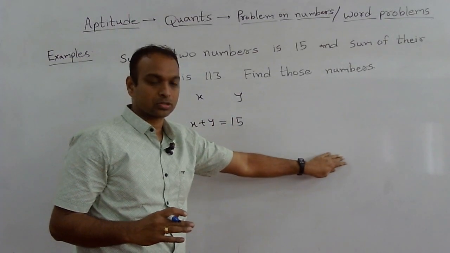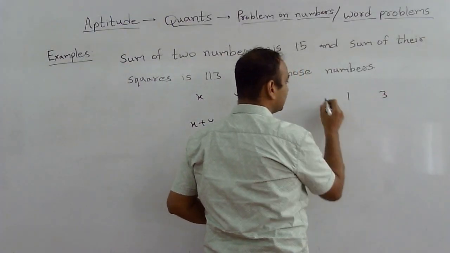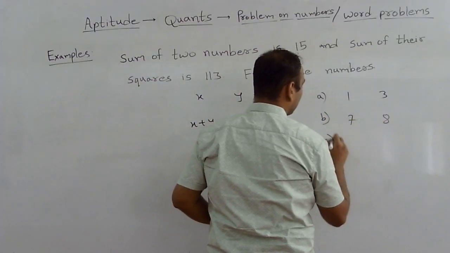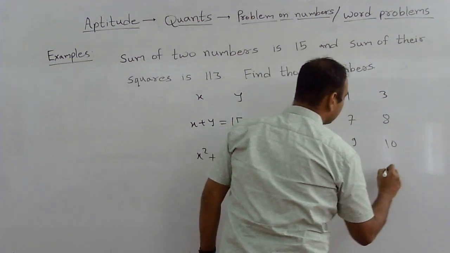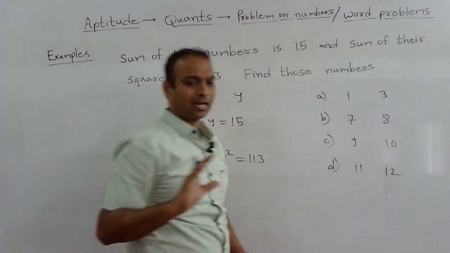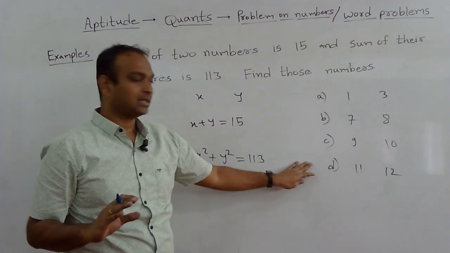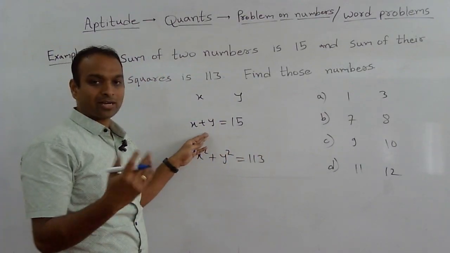Now in this case, if options are given, what can we do? A, B, C, D: for example, option A could be 1 and 3, B could be 7, 8, C could be 9, 10, D could be 11, let's say 12. Randomly I have taken. If options are given in the question, then we can easily find out by trial and error method.